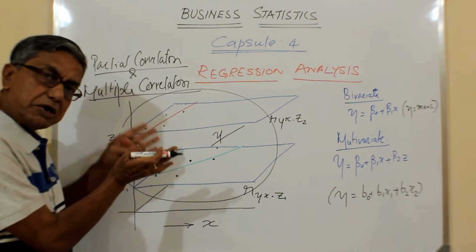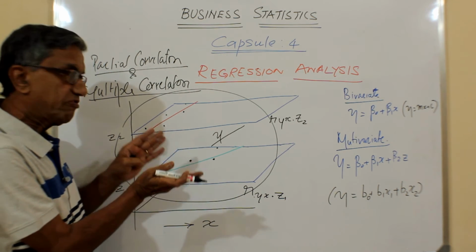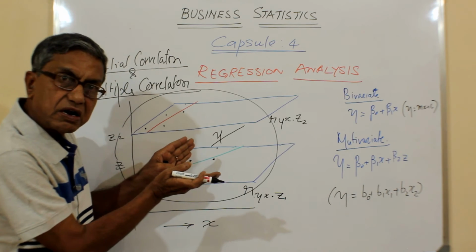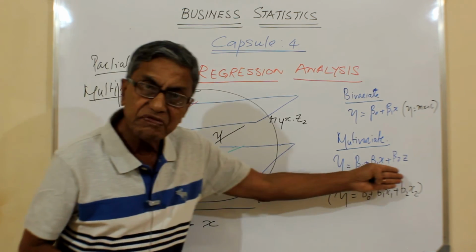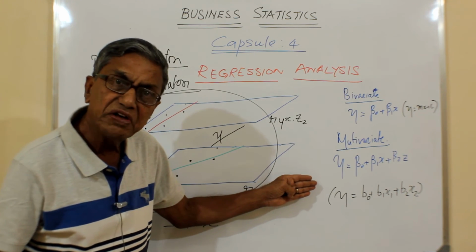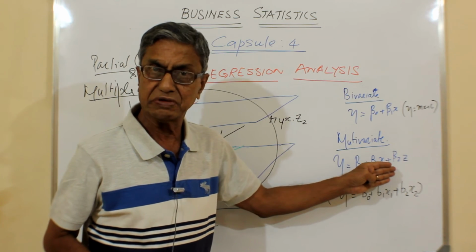See, in the multiple regression and regression coefficients of multivariate data, you have a complex situation, and you are arriving at how y varies when x and z, the independent variables, are moving.